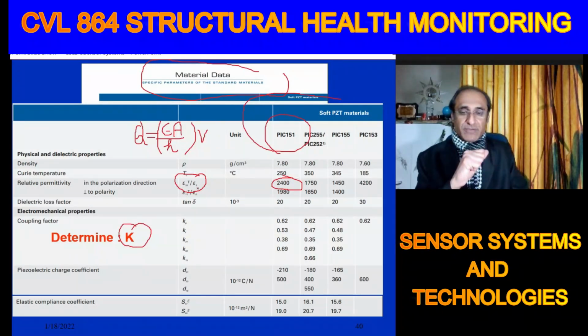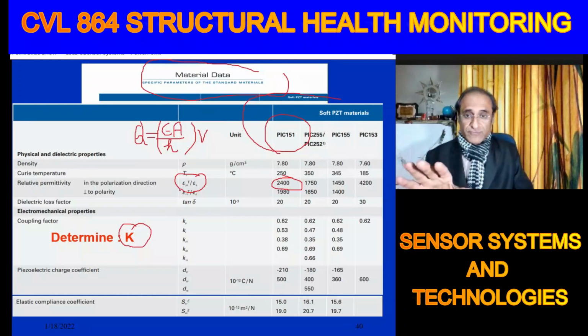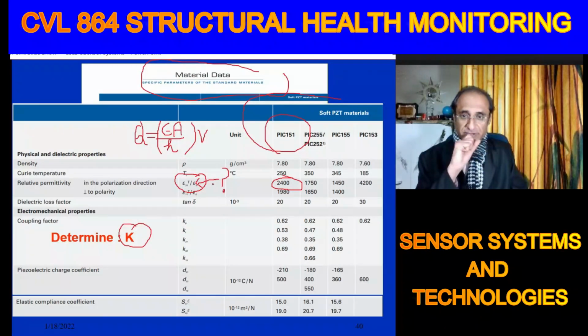Does anyone remember how much is the relative permittivity of free space? If not, you can just have a look in the physics book and find out what is the permittivity of the free space, and then you will be able to get the absolute permittivity.